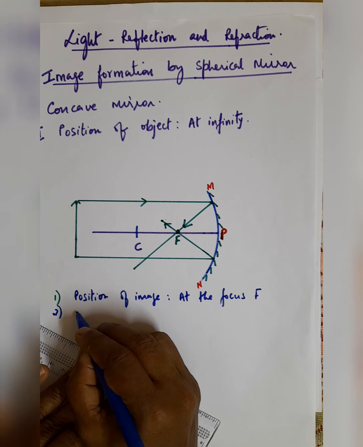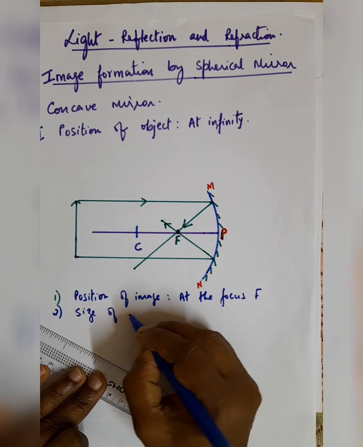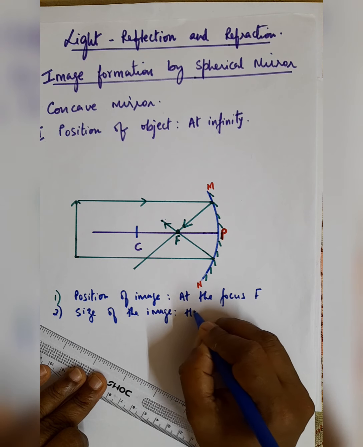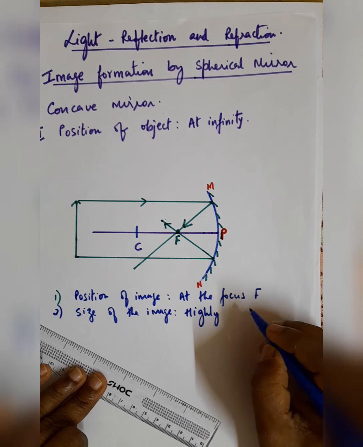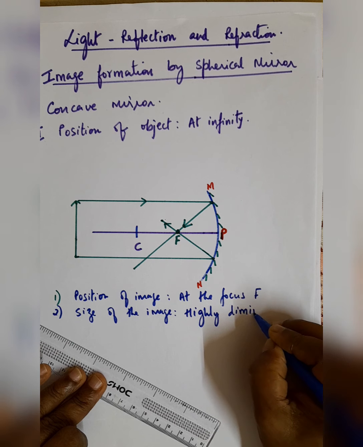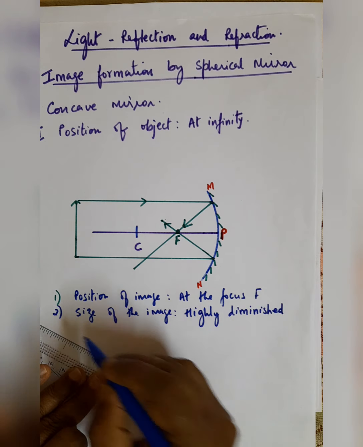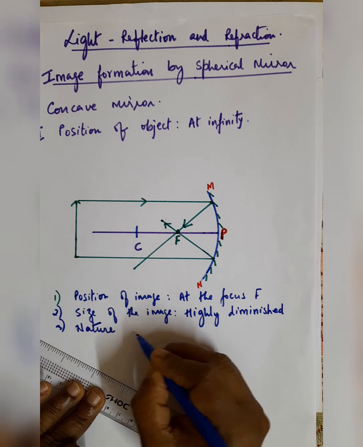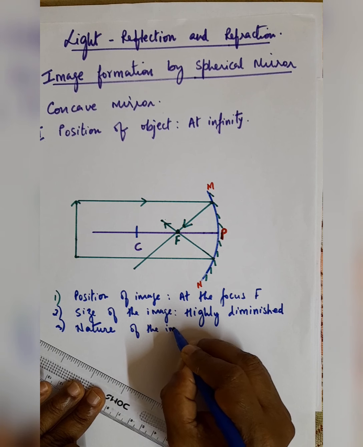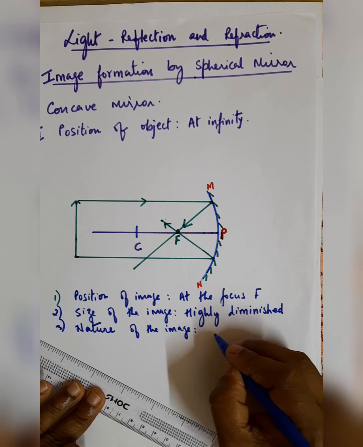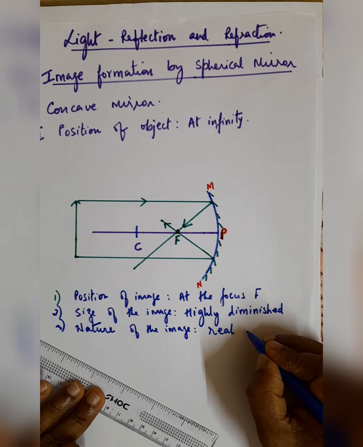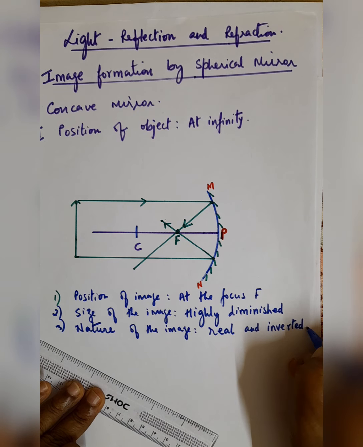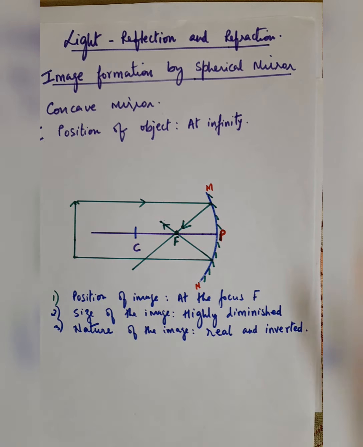Second, the size of the image: highly diminished. Third, the nature of the image. It is formed in front and therefore it is real, and for real, the image is inverted. Okay, this is my first.